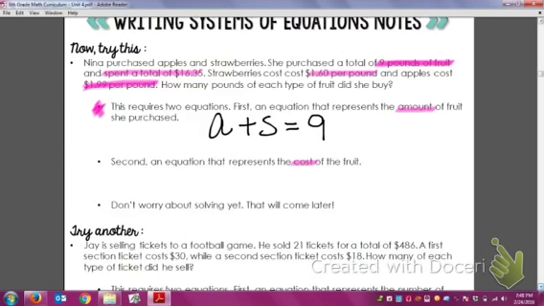Hopefully you're saying two per amounts, because we've got the per amount for the apples and the per amount for the strawberries. So we're going to use our AX plus BY equals C format. And we don't have to think too hard. Hopefully you're like, yeah, Mrs. Key, we get it. It's $1.60S plus $1.99A, and it equals $16.35.